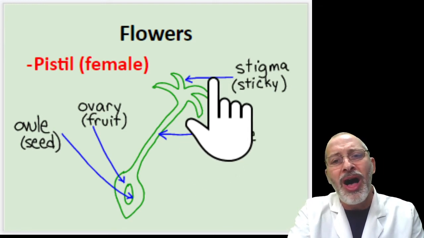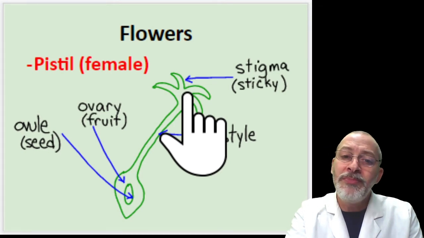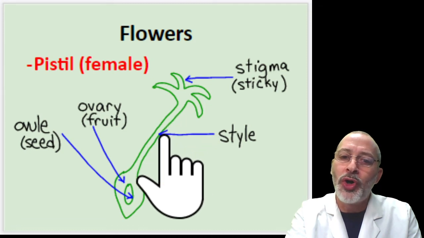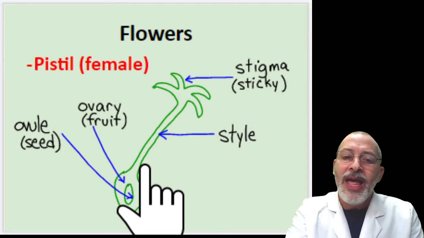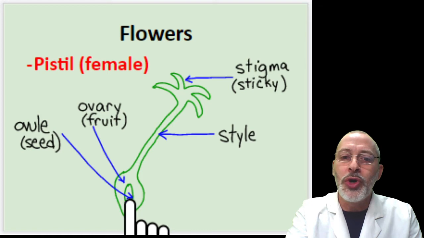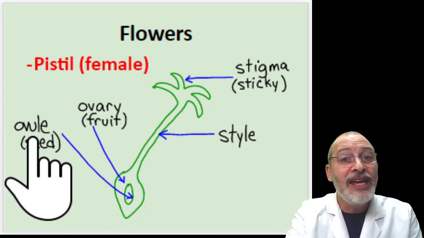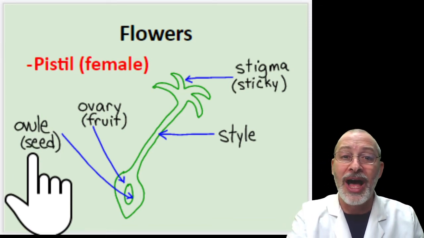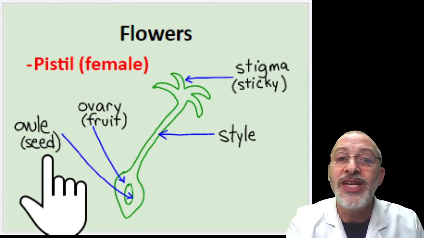So when pollen lands on the sticky stigma, the sperm cells are allowed to travel down the tube called the style, and they do so in style. And the ultimate goal is for them to go into the ovule where the egg is located, because once that egg becomes fertilized, it will develop into the seed.